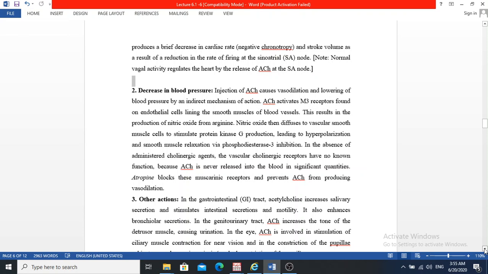In the absence of an administered cholinesterase agent, vascular cholinergic receptors have no known function, because acetylcholine is never released into the blood in significant quantities. Atropine blocks this muscarinic receptor and prevents acetylcholine from producing vasodilatation.